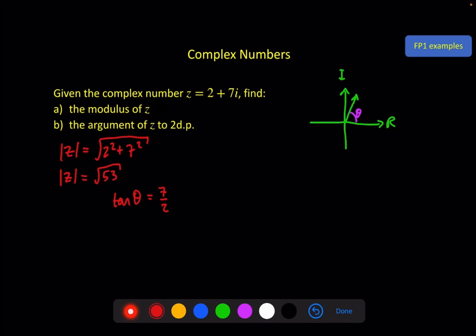So I can get it directly from this calculation. Remembering to write it in radians, and in this case, the question wants 2 decimal places, which is 1.29. And there we have the modulus and the argument of this complex number.